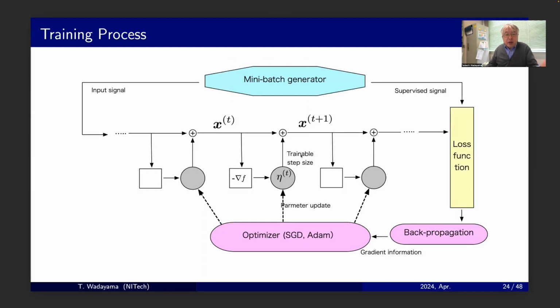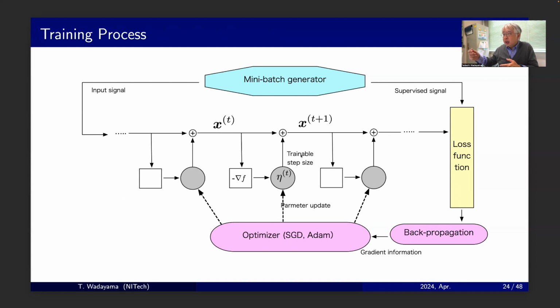Okay, and now let's look at the training process. The training process is shown in this figure. The supervised signal generated from the mini-batch generator and the output from the gradient descent iteration are entered to the loss function. At the right-hand side, you can see the loss function.